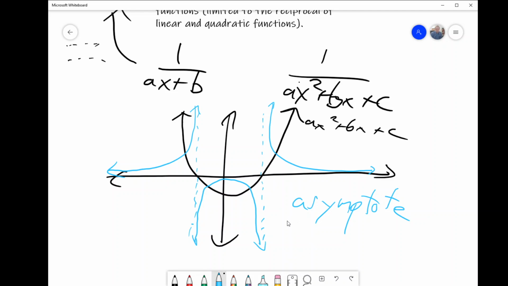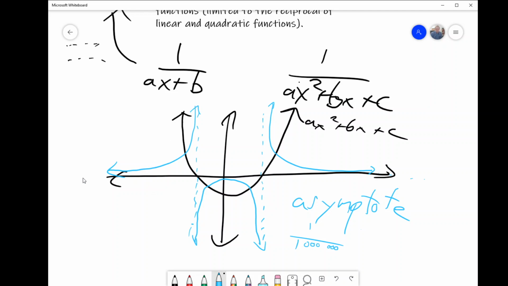If you can pick a number as small as you want, say, when is it within 1 over 1 million units of that asymptote? You will be able to find a point where it gets that close, but they will never meet.